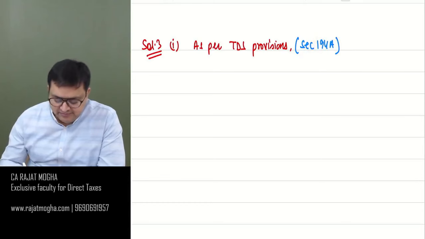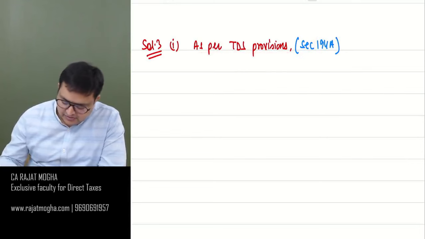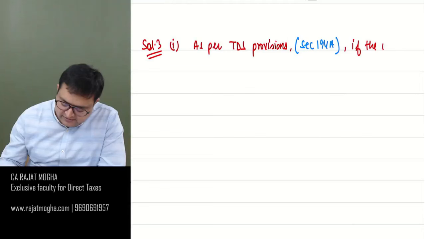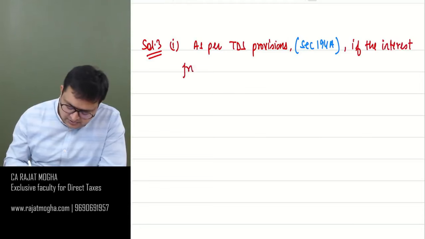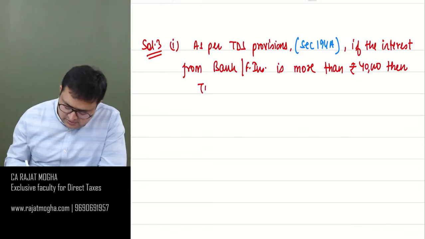Simply write as per the TDS provisions. If the interest from bank, financial institution is more than rupees 40,000, then TDS.